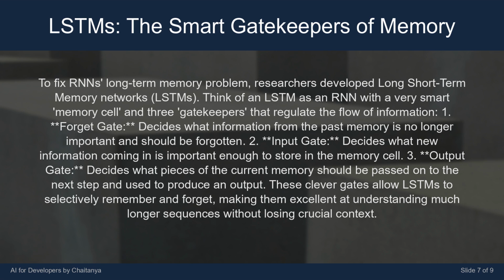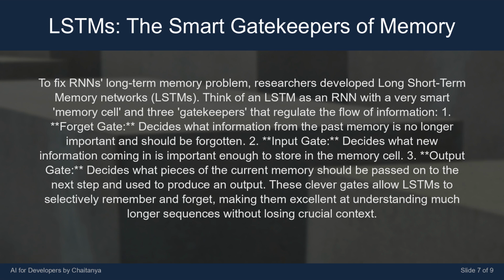Forget gate: decides what information from the past memory is no longer important and should be forgotten. 2. Input gate: decides what new information coming in is important enough to store in the memory cell. 3. Output gate: decides what pieces of the current memory should be passed on to the next step and used to produce an output.